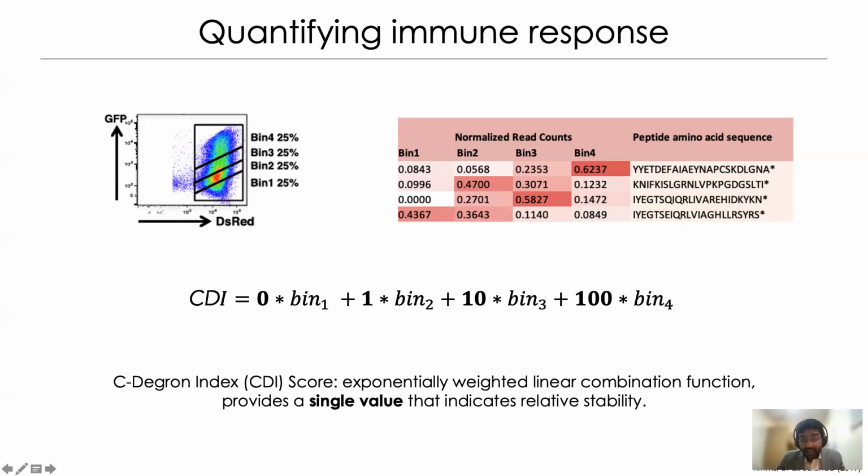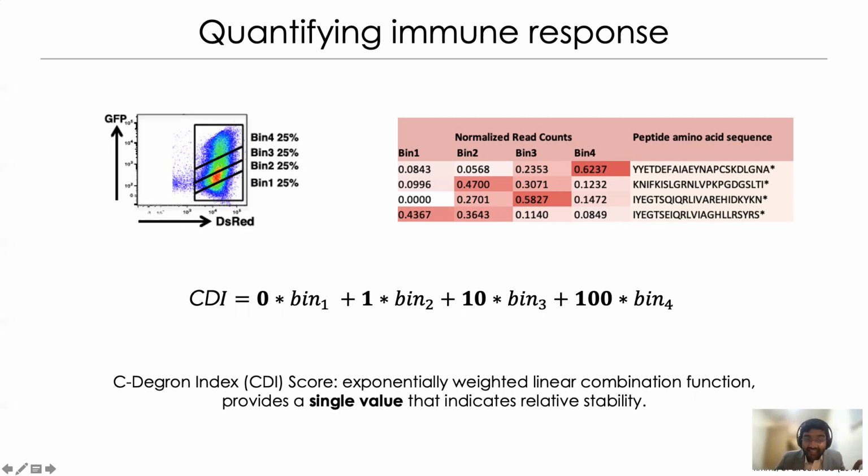We use an exponentially weighted linear combination function that can provide a single value that indicates relative stability. So we got this value of CDI, which multiplies each of these bin values with an exponentially increasing coefficient and gives a singular score. Now, a higher CDI means a more stable protein candidate, and a lower CDI means a less stable protein candidate.